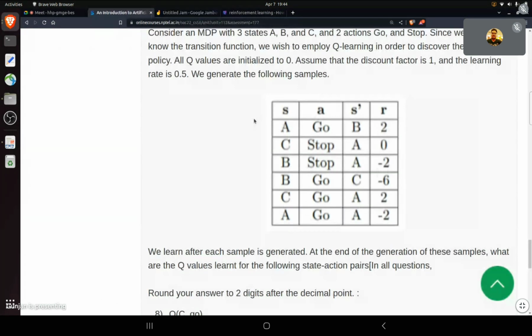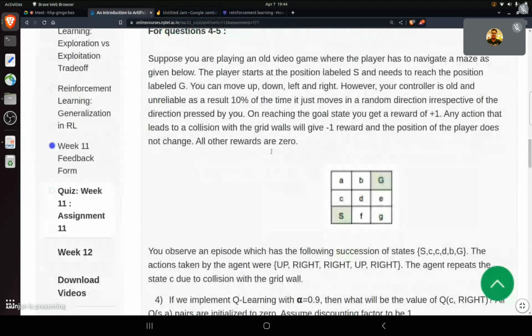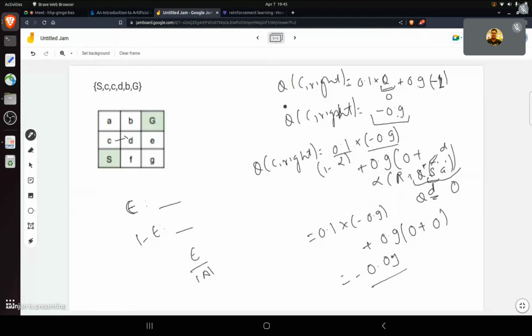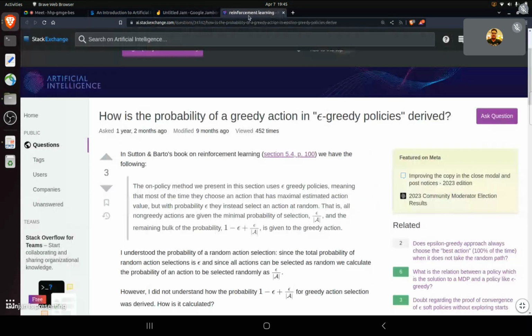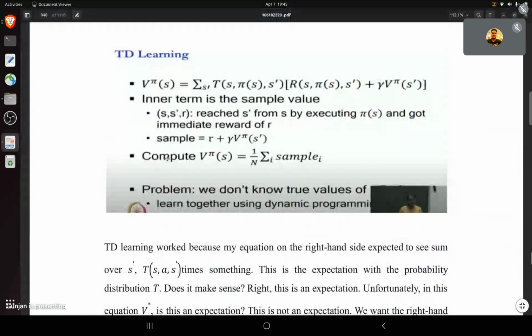In the previous question also, we did Q(C, right) twice. The first time was when we hit the wall, and the second time was when we transitioned from C to D. That's why this value Q(C, right) became 0.9 from the previous iteration, and it is mentioned in the slides also, if I remember that.